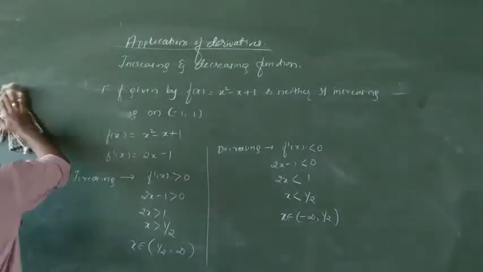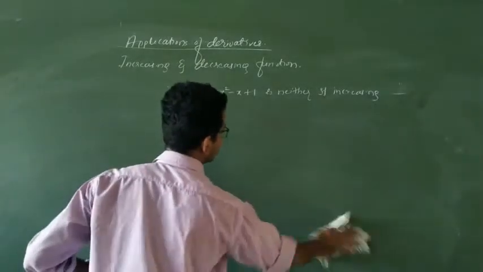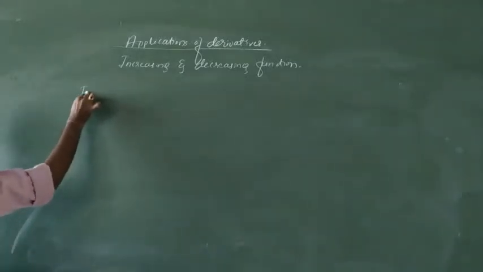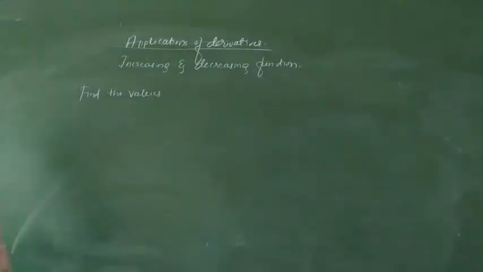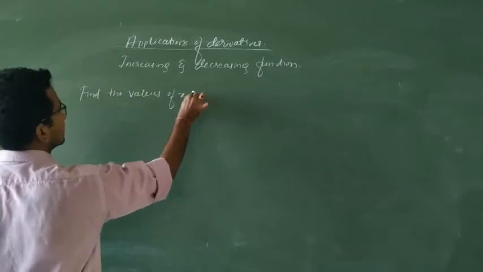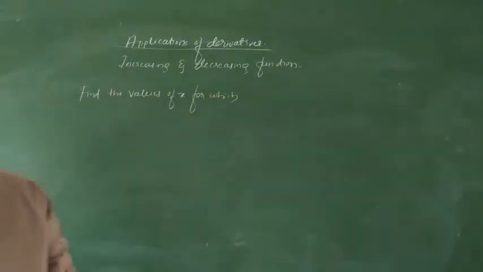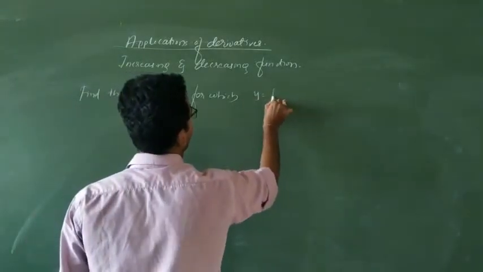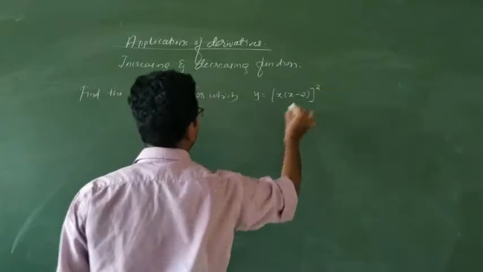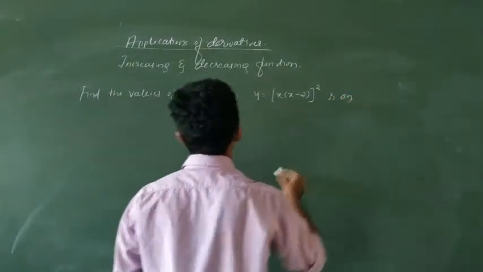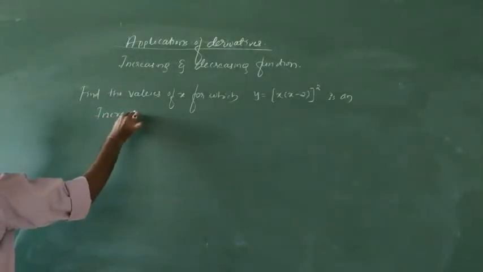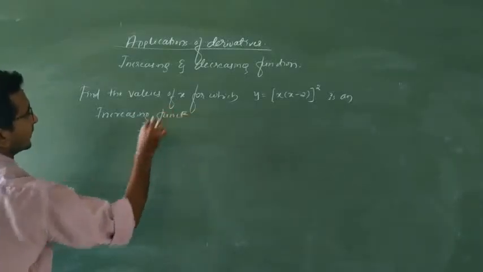The next example is like: find the values of x for which y is equal to x into bracket x minus 2 whole square is an increasing function.